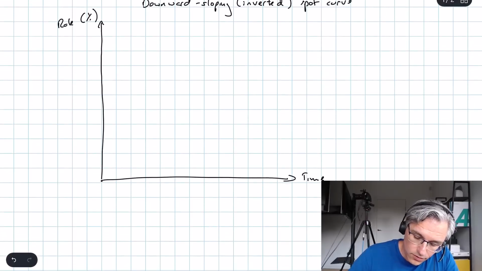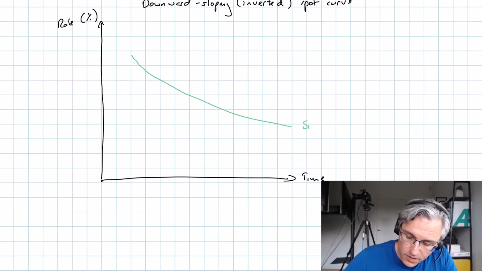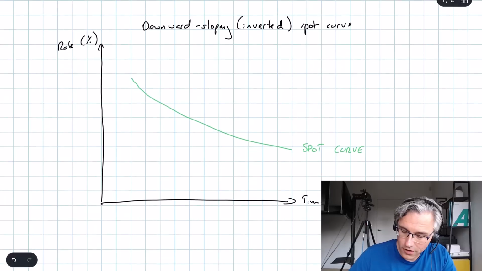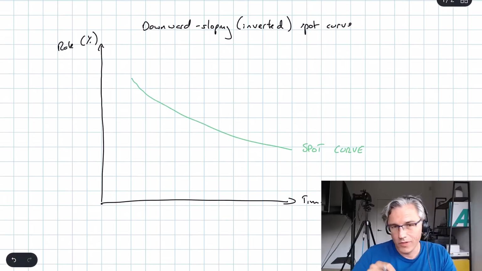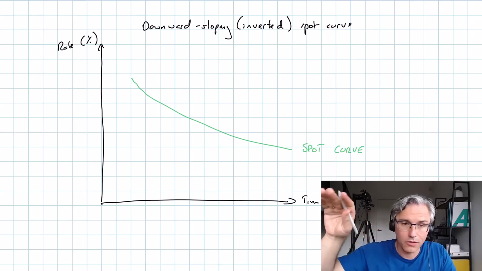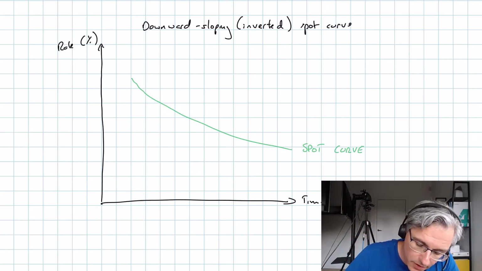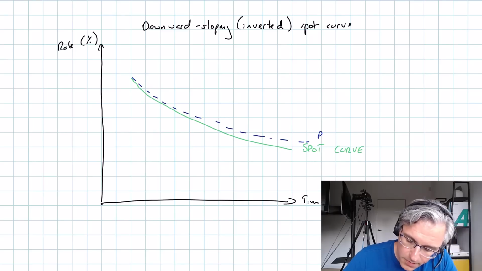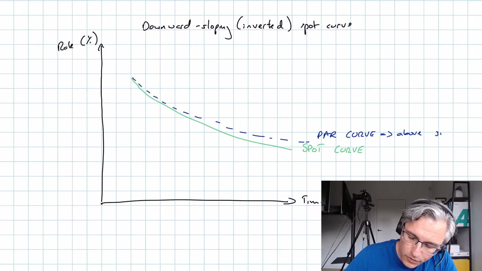So let's assume this is the shape of the spot curve going down like this. Where is the par curve going to be? Well, it once again lags the spot curve a little bit, but this time, because the spot curve is dropping, downward sloping, it lags from above. So that's going to be my par curve. Okay, it sits just above the spot curve.